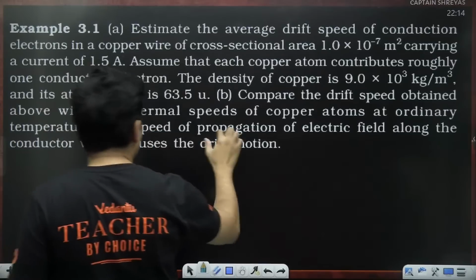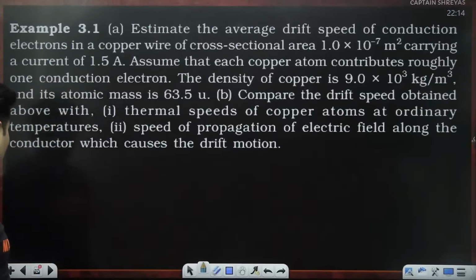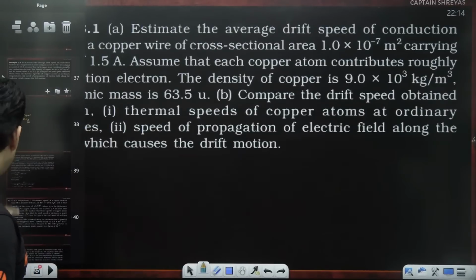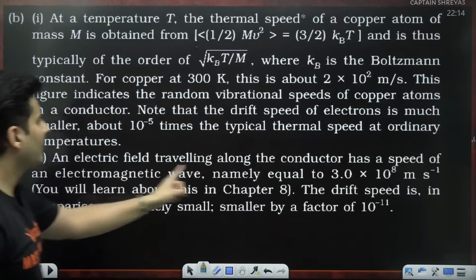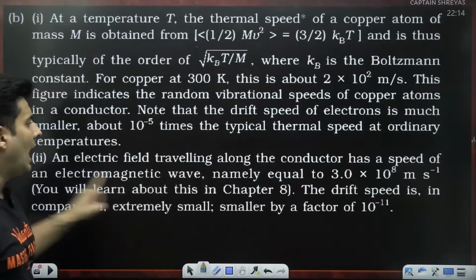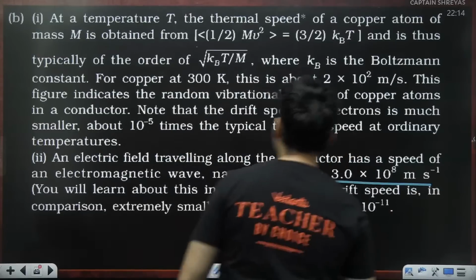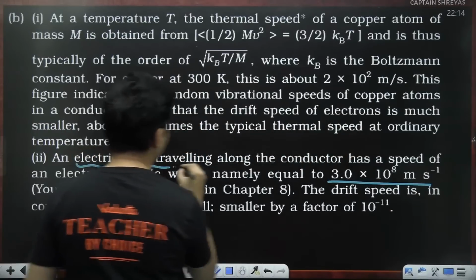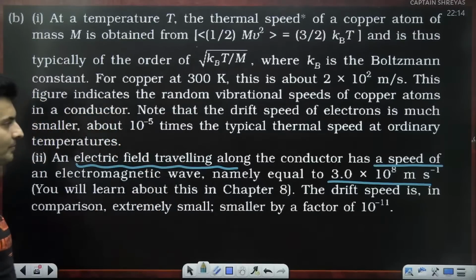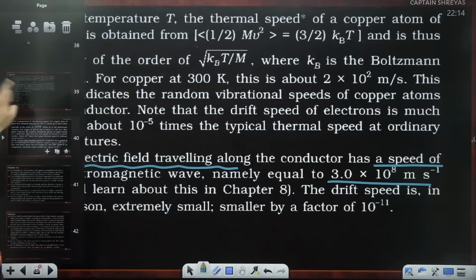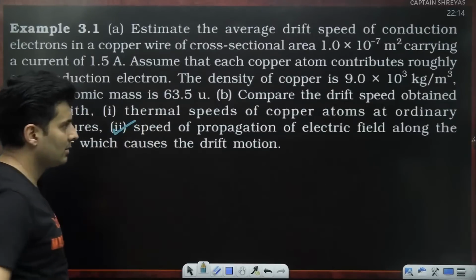So the speed of propagation of the field along the conductor which causes the drift motion should be the speed of light, which is nothing but 3 into 10 to the power 8 meters per second. So the electric field travels at the speed of light. That is that particular answer, and we have done this.